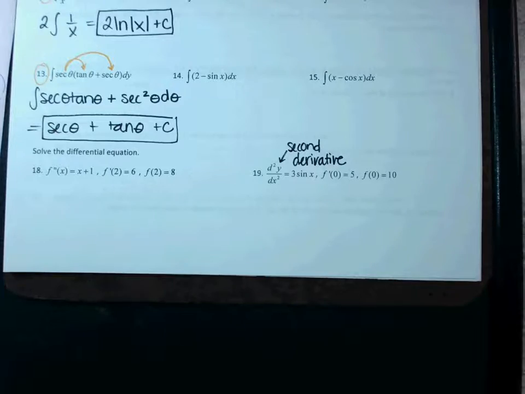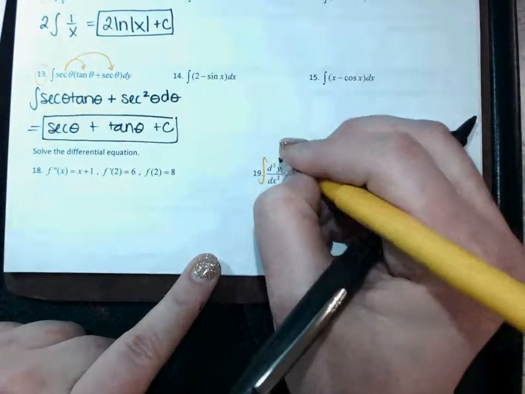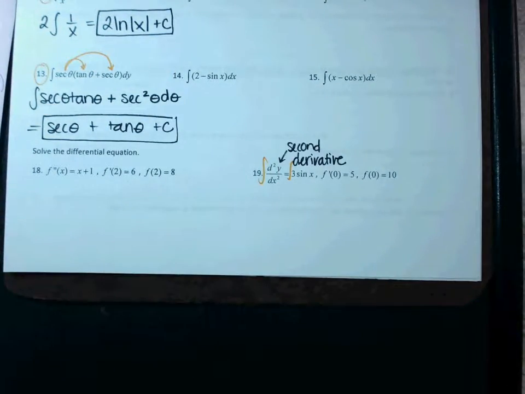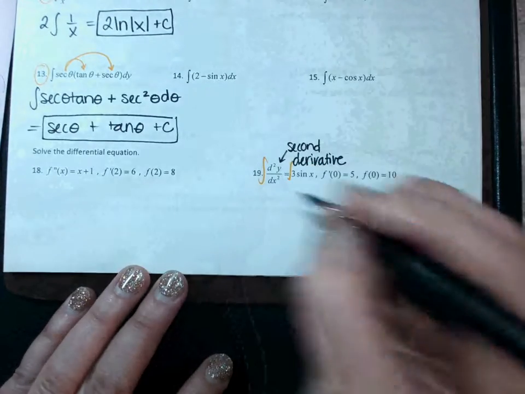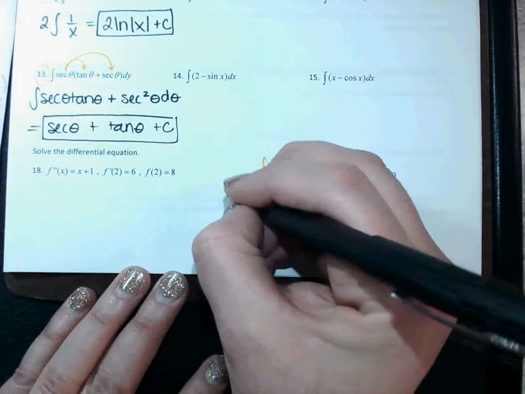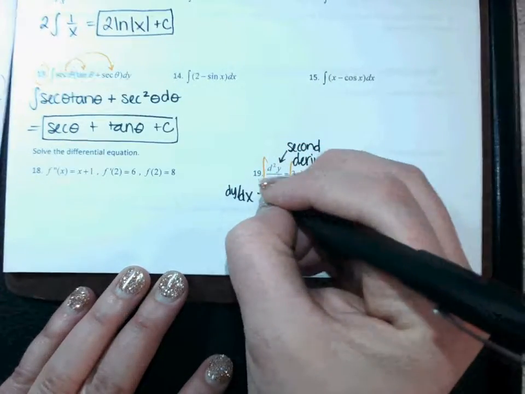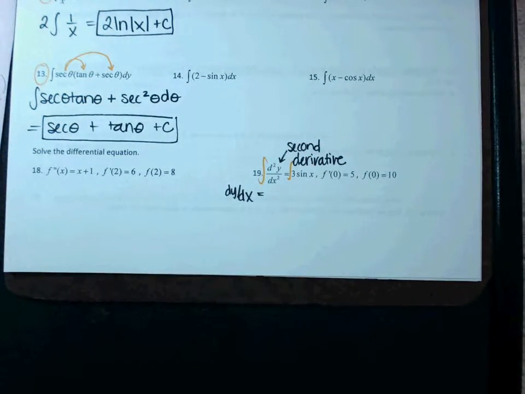Okay, so start off with the integral. What is the integral of d squared y dx squared, the second derivative? dy dx. Okay, and then think about your snow cone. If that's a 3 sine x, we go up from sine. We'd be back at the bottom of the ladder at negative cosine.